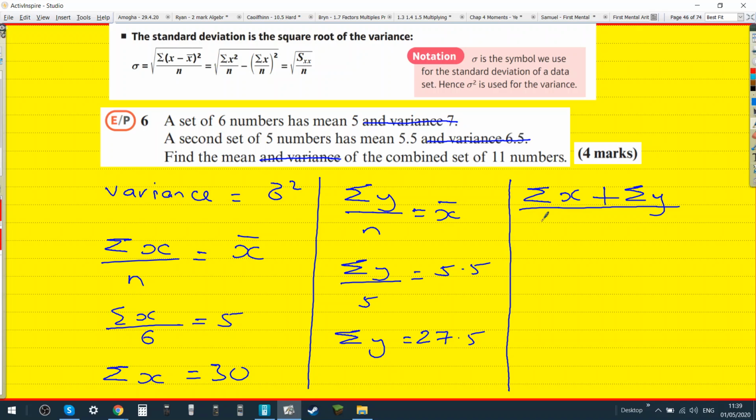Is that just 27.5 plus 30? So that's 30 plus 27.5. And what will we divide it by? And remember, it's not 2. Is that 11? It is 11, yeah. 6 plus 5.